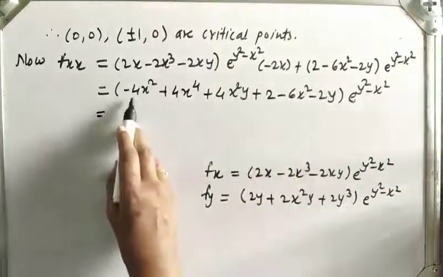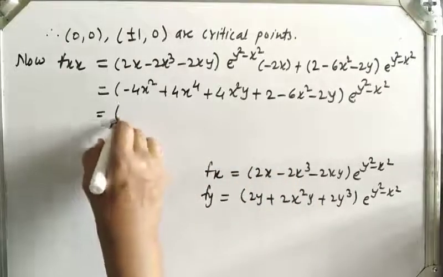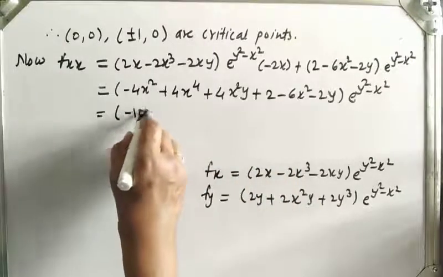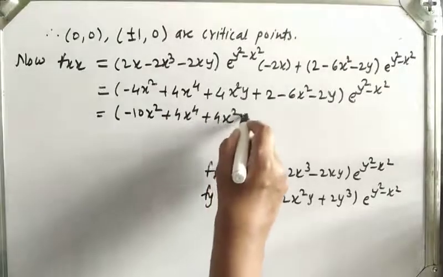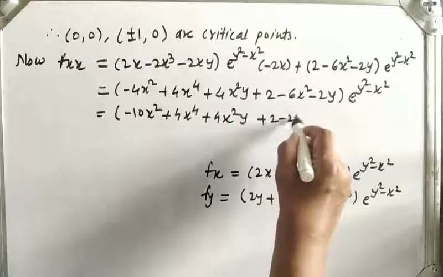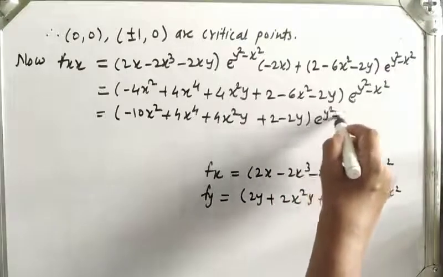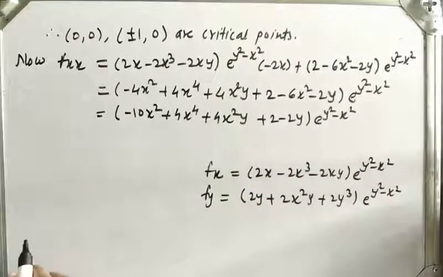Here we can add −4x² and −6x², that will be −10x². So we get (−10x² + 4x⁴ + 4x²y + 2 − 2y) e^(y² − x²). This is our fxx.